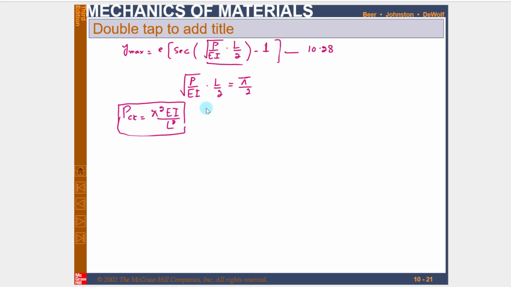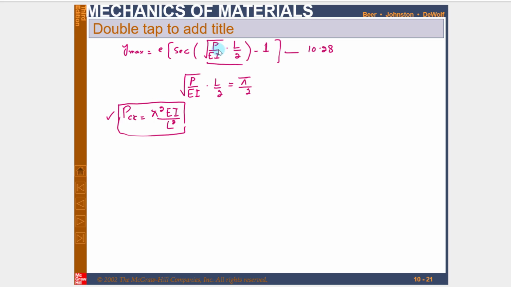Now you can see that under a centric load, where we applied a load on a column, the P critical was this. Clear? The maximum deflection in alternative form can be obtained if you put the value of P critical in this formula.